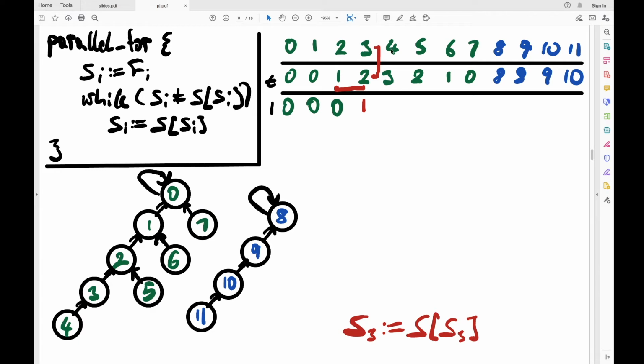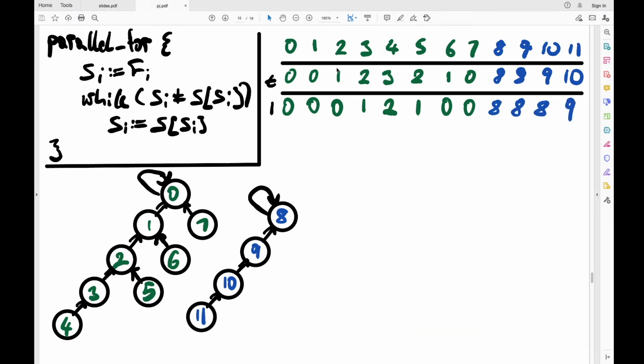For node number 4, the immediate predecessor is 3, and the predecessor of 3 is 2. And for node number 5, the immediate predecessor is 2, and the predecessor of 2 is 1. I think you're getting the hang of this, so I'll just skip through.